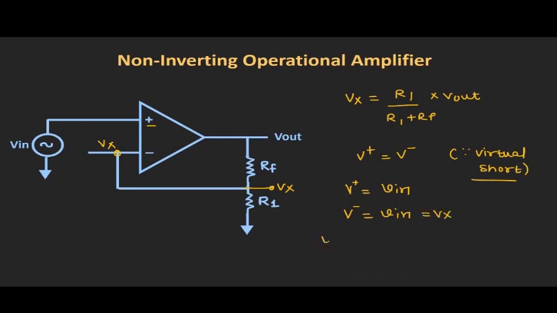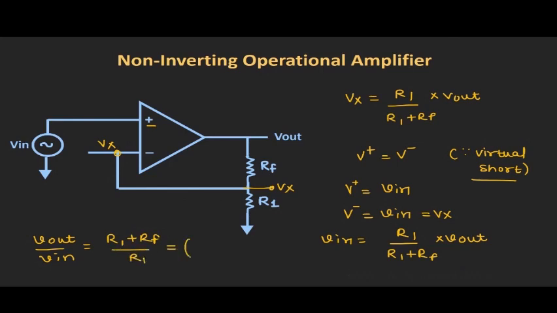So we can write this input voltage V in is equal to R1 divided by R1 plus Rf into Vout. Or we can say that Vout divided by V in is equal to R1 plus Rf divided by R1, that is equal to 1 plus Rf divided by R1.